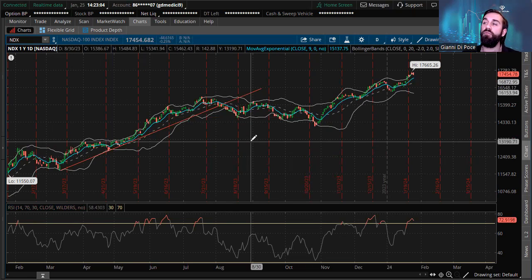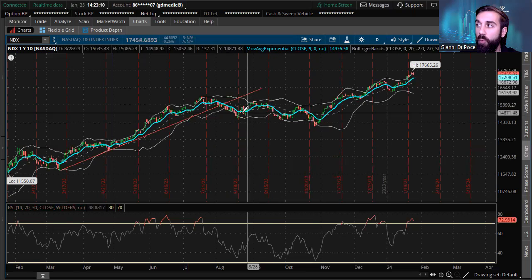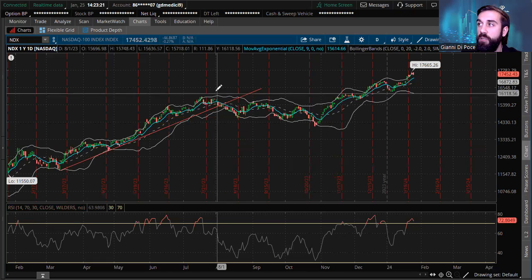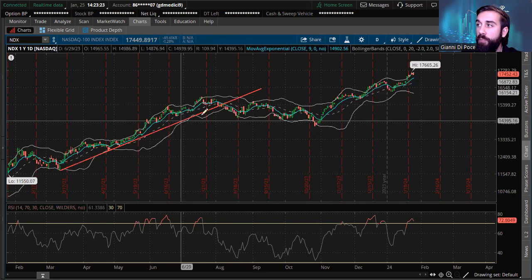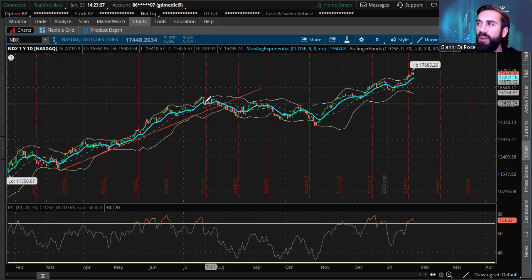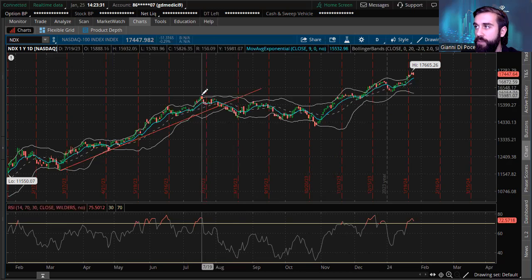Now, I view breaks of horizontal levels of support and resistance as more significant than sloping ones because there's always a connotation whenever support or resistance breaks. There's a bearish connotation when support breaks, and there's a bullish connotation when resistance breaks. So we broke this upward sloping trend line here in August, but markets didn't exactly collapse, right? They kind of just went sideways.